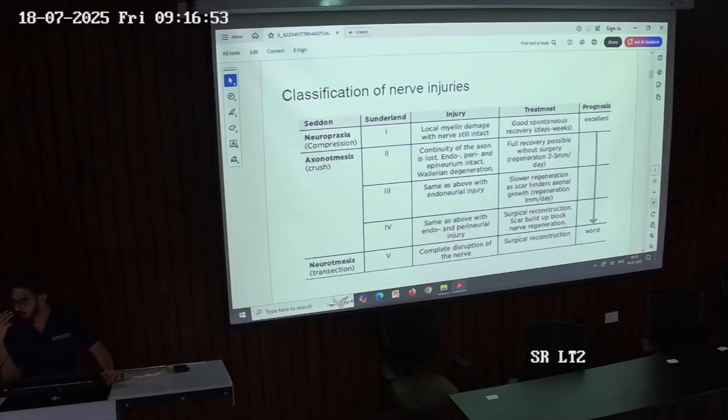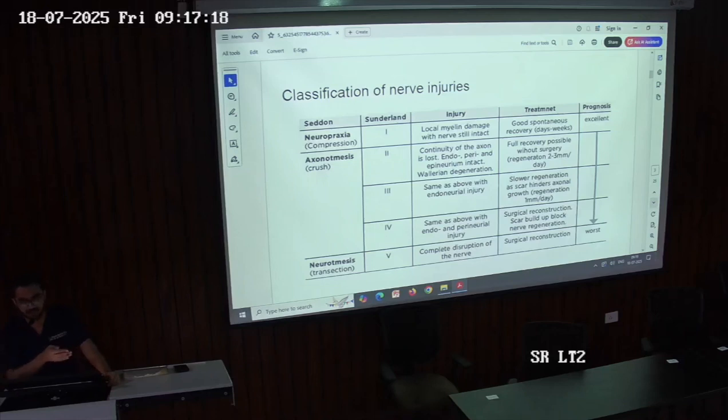Now comes the rest of Sunderland's classification, grades 2, 3, and 4. These correspond to Seddon's axonotmesis, right? Here the axon is involved, but Sunderland classified it even further. When we talk about the axon getting involved, we discuss the parts from the previous slides, right?